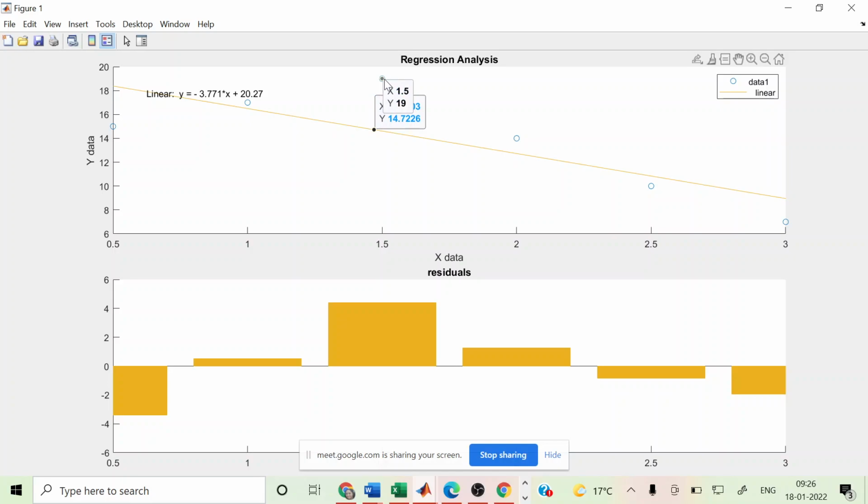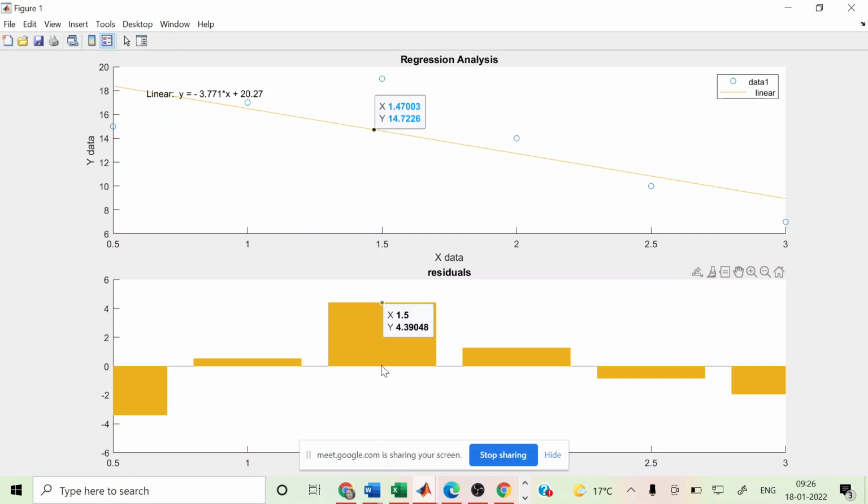There is a deviation. Here y is 19, whereas there y is 14.7 or something. For x equal to 1.5, there is a deviation of around 4.3 or something. So that much deviation is there.